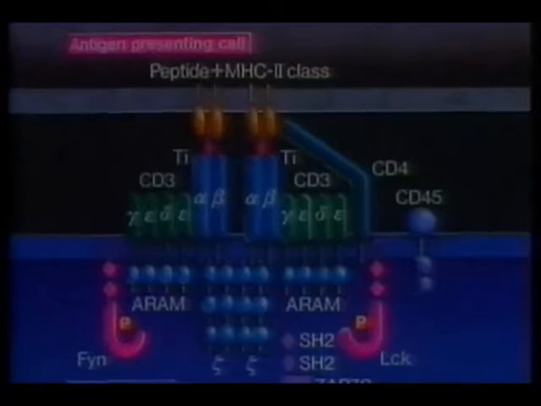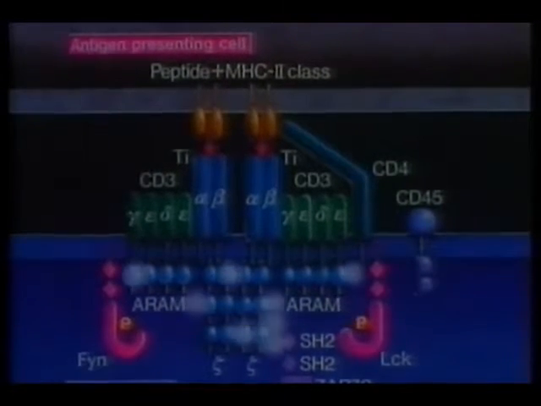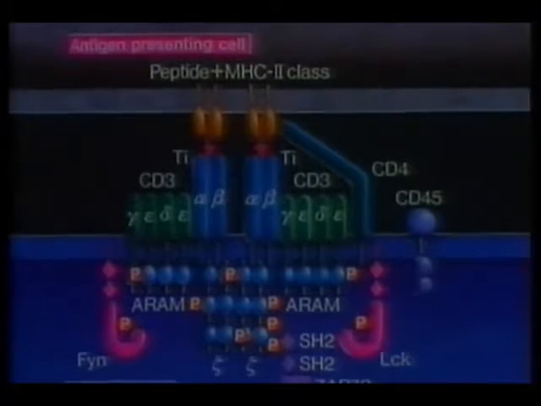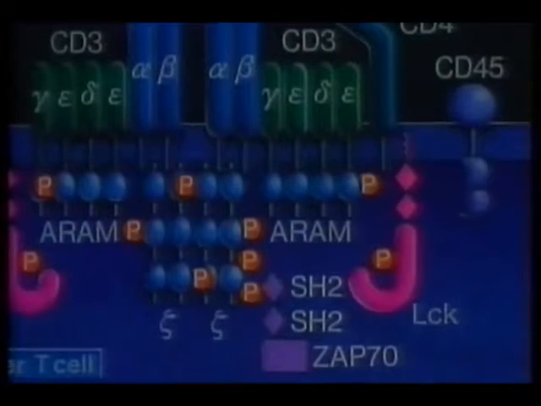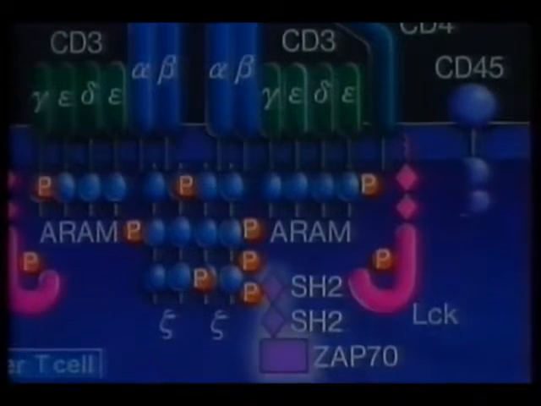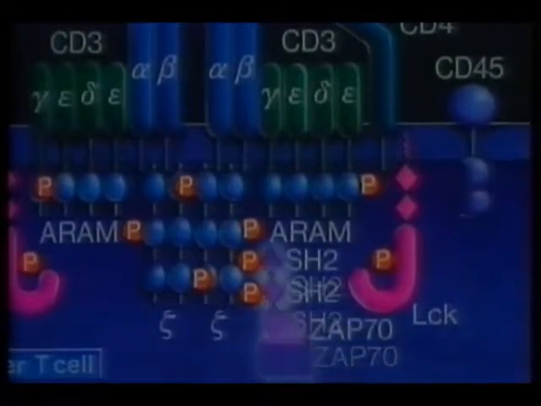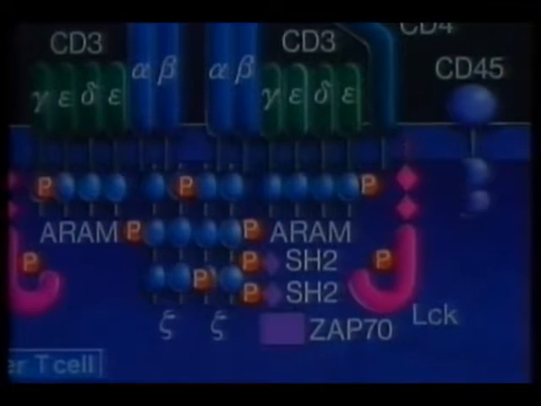In this way, the LCK kinase gains the ability to phosphorylate tyrosine in the ARAM area of the gamma, delta, epsilon, and zeta chains, and phosphorylates them. Next, the intracellular protein, known as ZAP70, binds to the phosphorylated zeta chain.